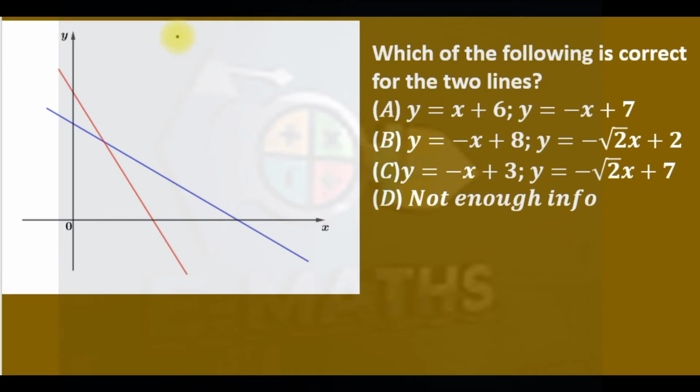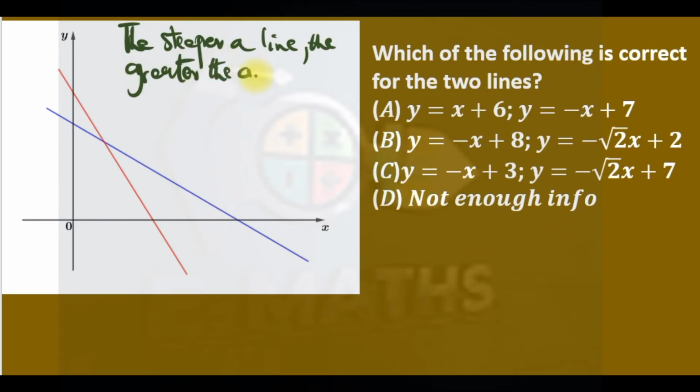But what you have to know is that the steeper a line, the greater the absolute value of the slope.